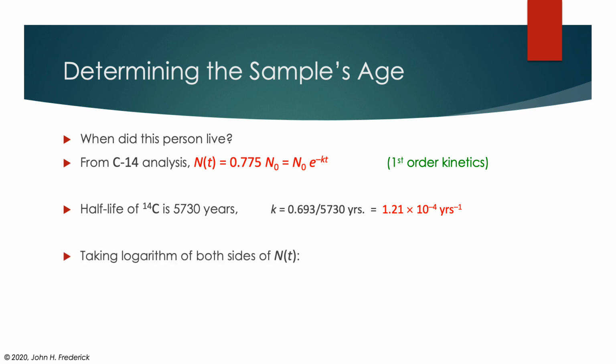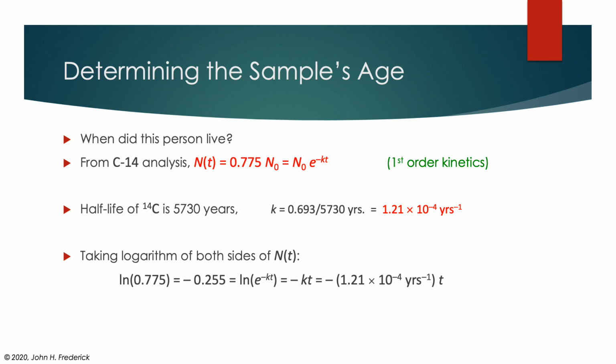So now I want to take the logarithm of both sides of this equation for N of t, and I'll find that the log of 0.775, which equals minus 0.255, I've got to set equal to the log of e to the minus kt. And the log of e is just undoing the operation, so I'm going to get minus kt from that.